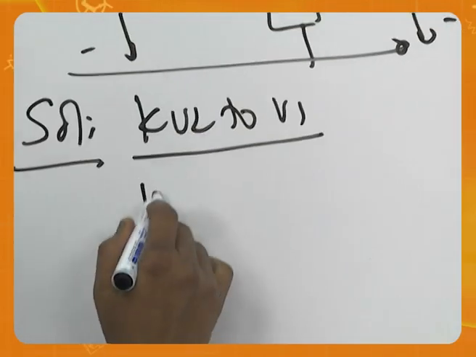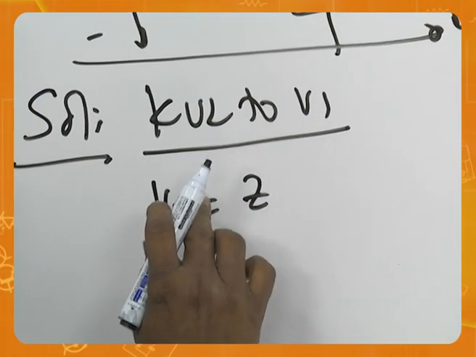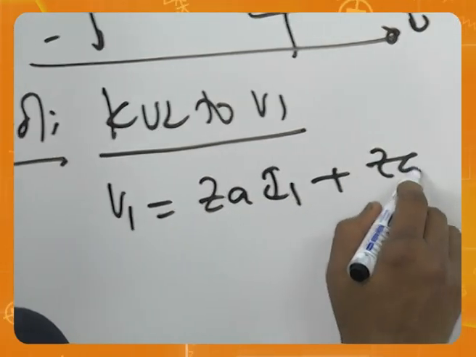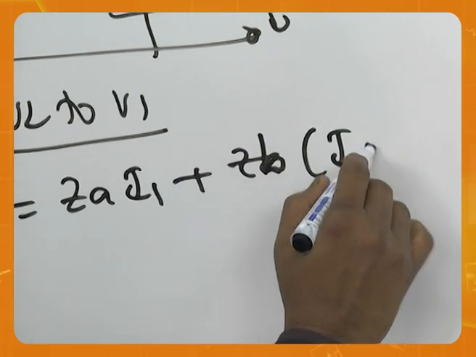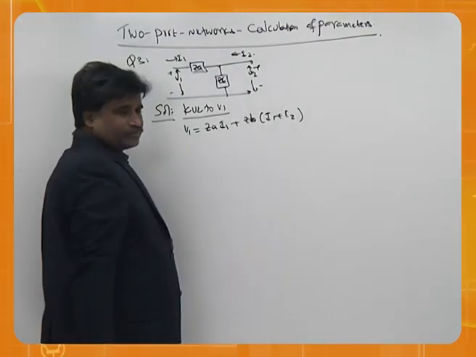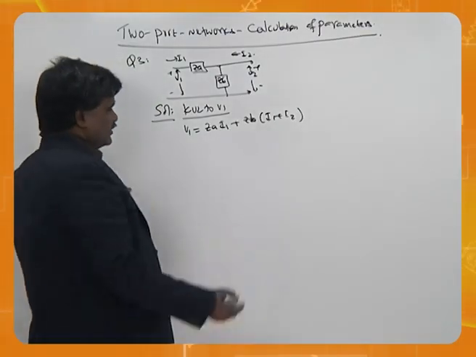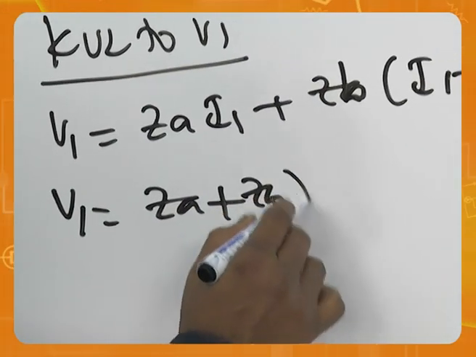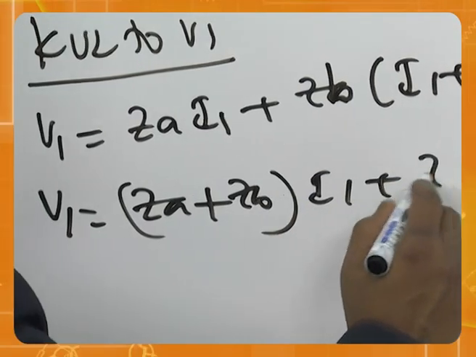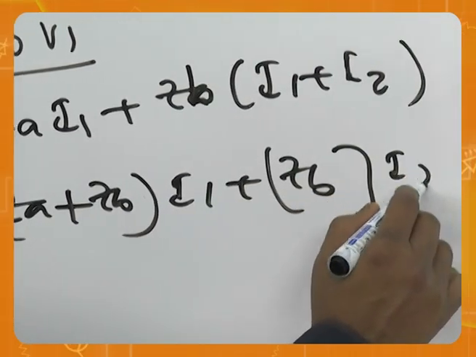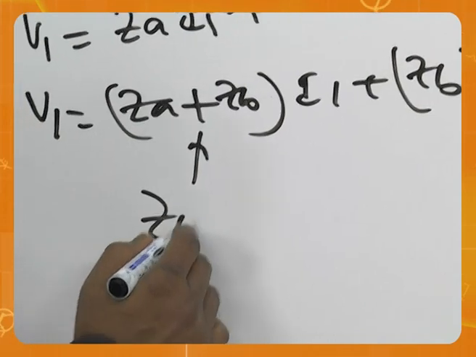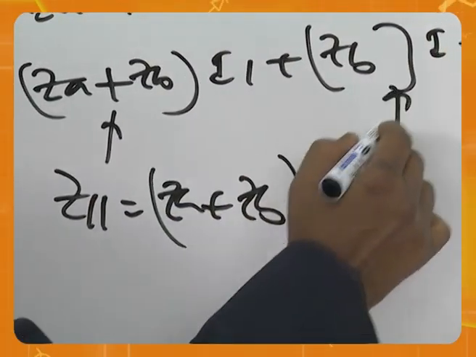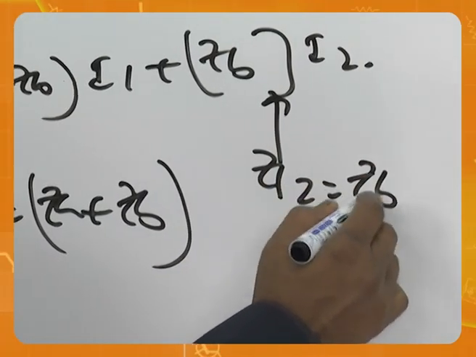When I say KVL to V1, V1 is equal to ZA I1 plus ZB (I1 plus I2). Okay. By that you can say (ZA plus ZB) into I1 plus ZB into I2. Therefore, Z11 is ZA plus ZB, Z12 is ZB.